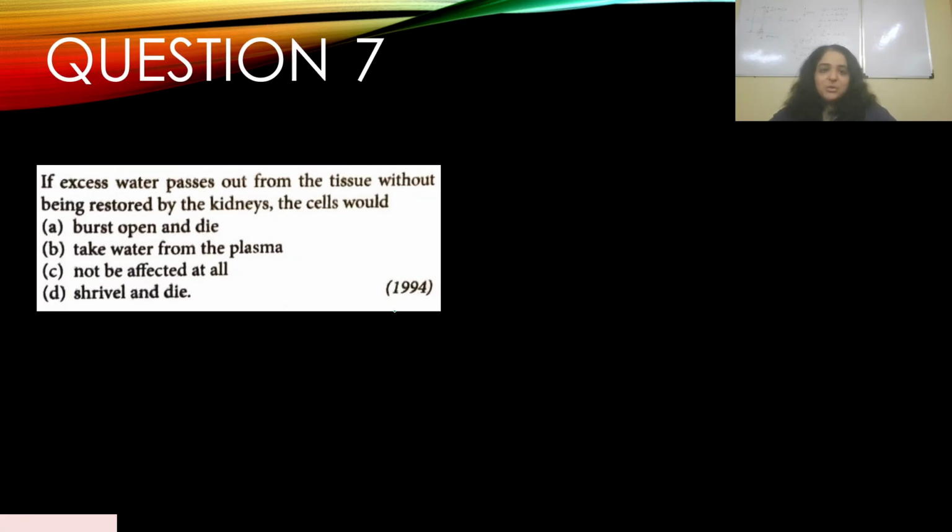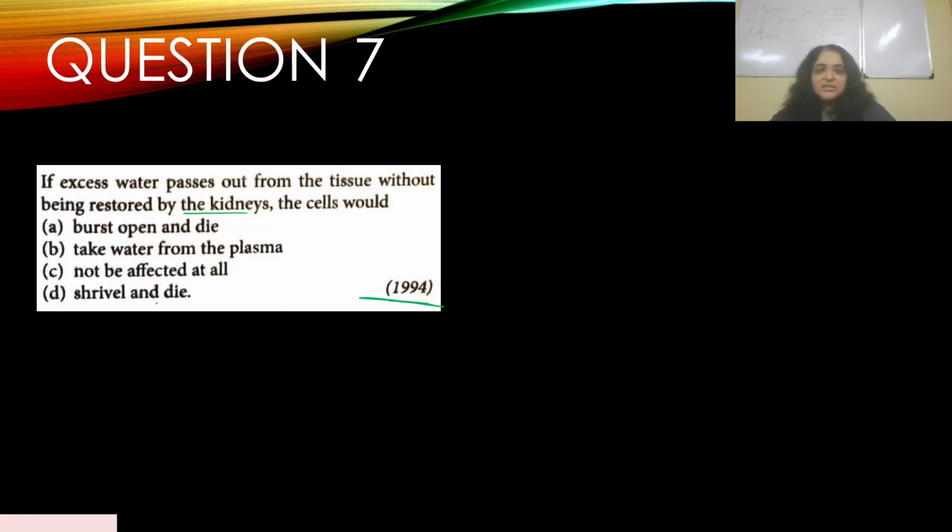If excess water passes out from the tissue without being restored by the kidneys, the cells would, and this appeared in 1994, burst open and die? Cells will not burst open and die. They take water from the plasma? No, that doesn't make sense.